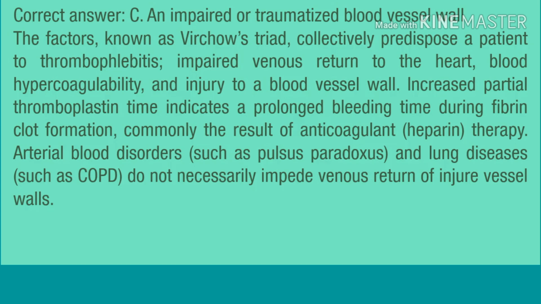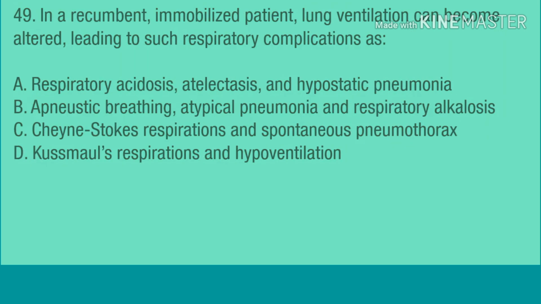Increased partial thromboplastin time indicates a prolonged bleeding time during fibrin clot formation, commonly the result of anticoagulant, heparin, therapy. Arterial blood disorders, such as pulsus paradoxus, and lung diseases, such as COPD, do not necessarily impede venous return or injure vessel walls. Question 49.